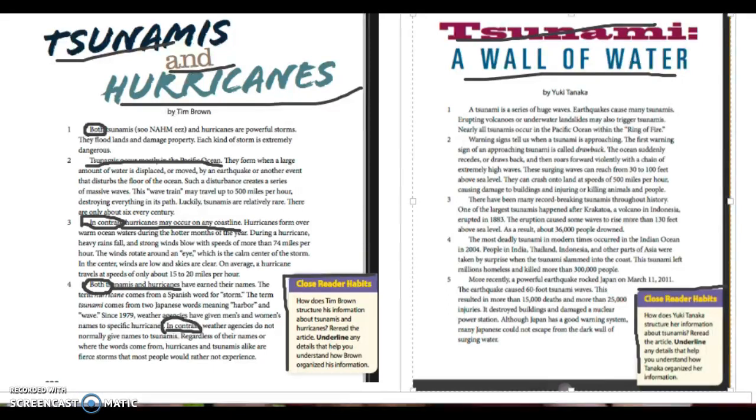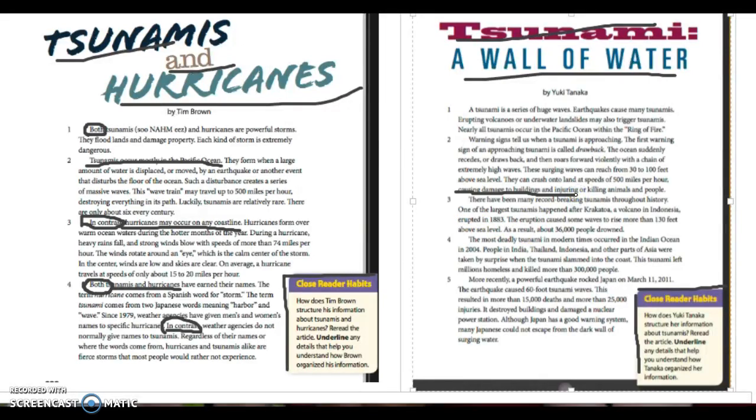I see in tsunami, wall of water, in the second sentence, earthquakes cause many tsunamis. The word cause is a clue word. Also, I see the word cause again at the bottom of paragraph 2.